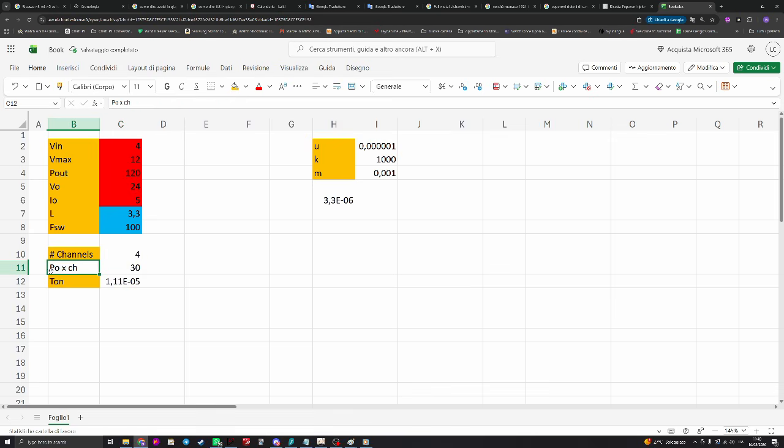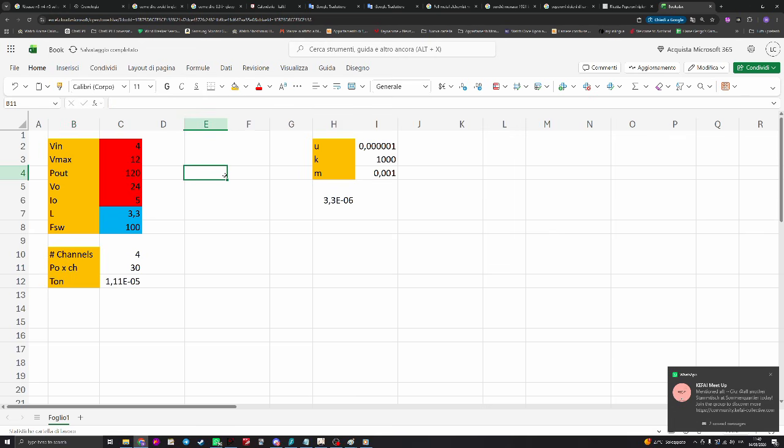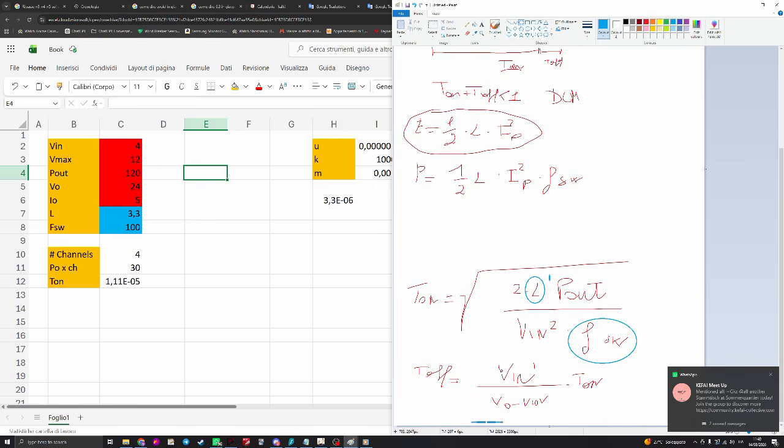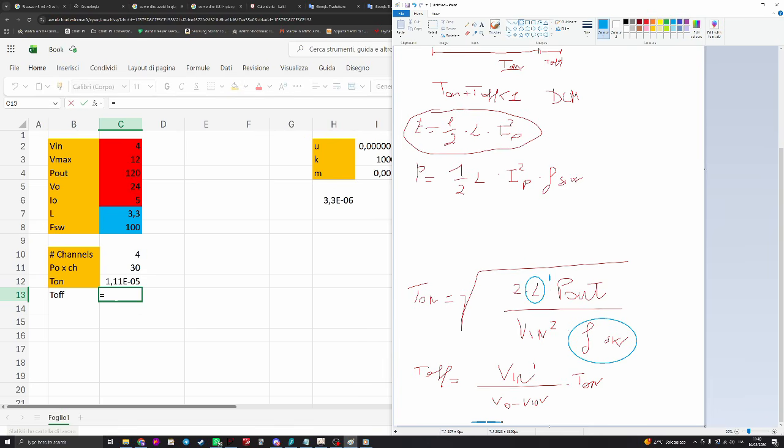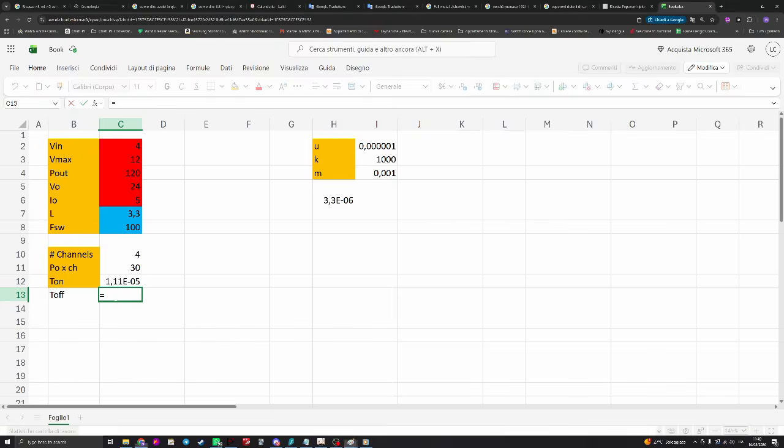Okay, interesting. Then of course we have to calculate the T off. We calculate that the T off is V in minus VO minus V in times T on. The T off is equal then to this formula here. Oh, sorry.